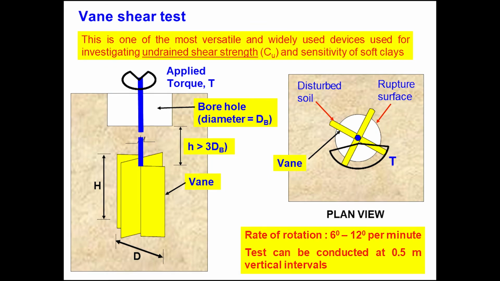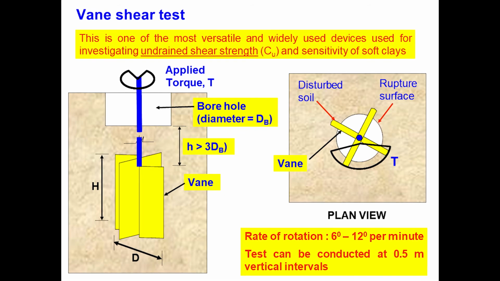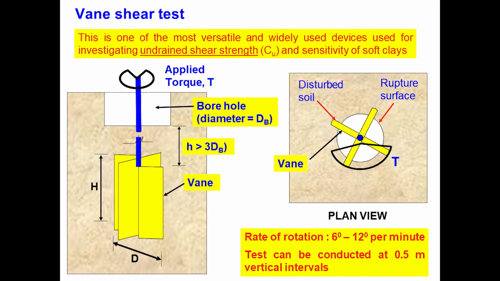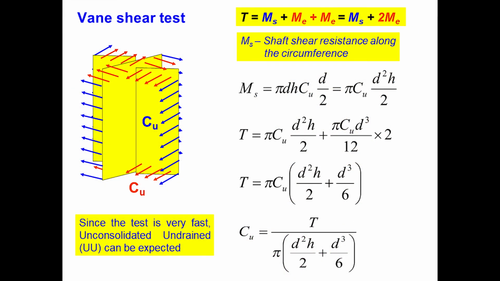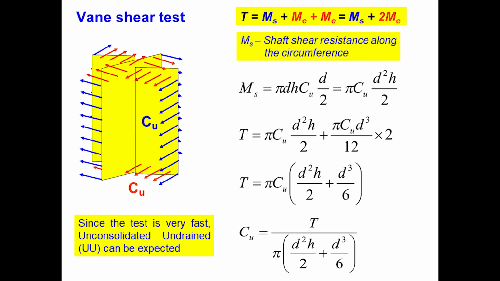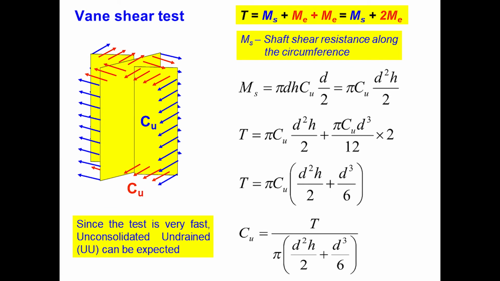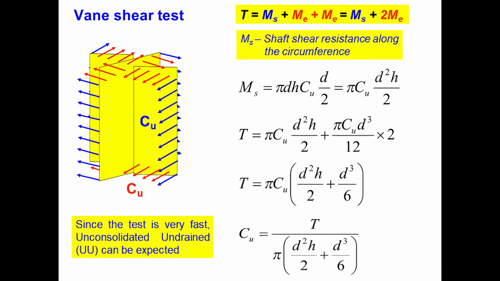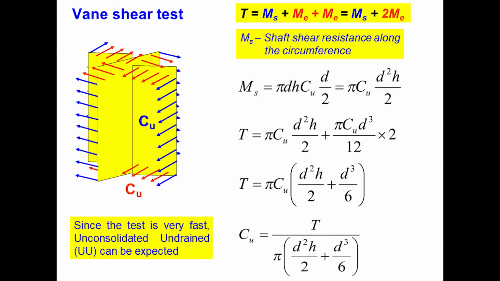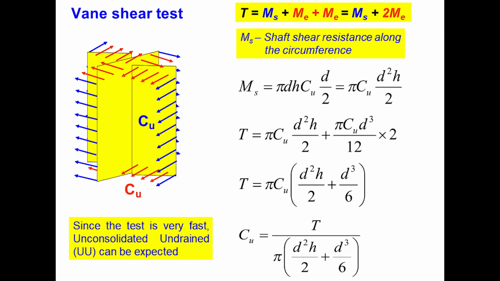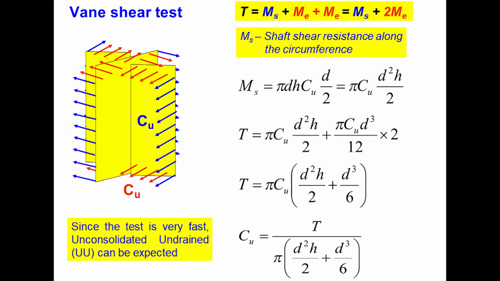The rotation takes place at 6 to 12 degrees per minute, and the test can be conducted at 0.5 meter vertical intervals. The undrained shear strength Cu is equal to the torque applied divided by pi times D squared, where D is the diameter of the vane and H is the height of the vane, plus D over 6.